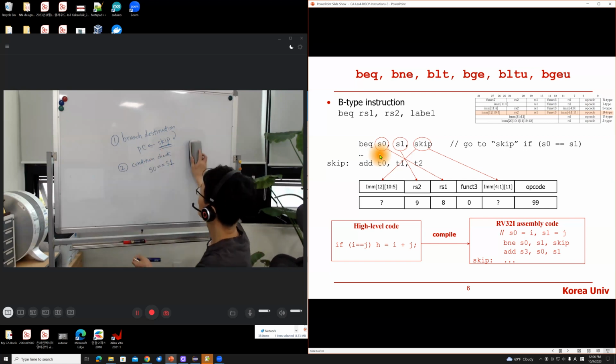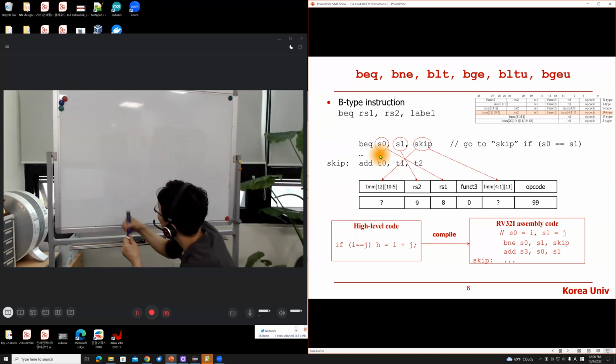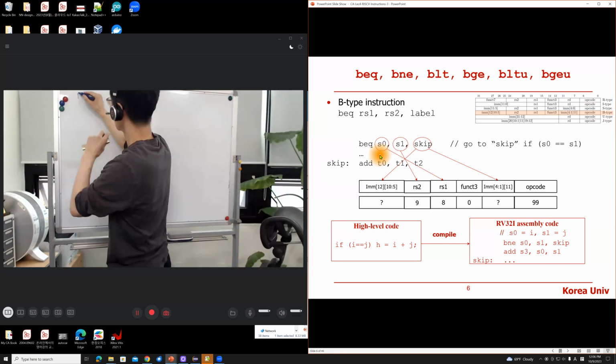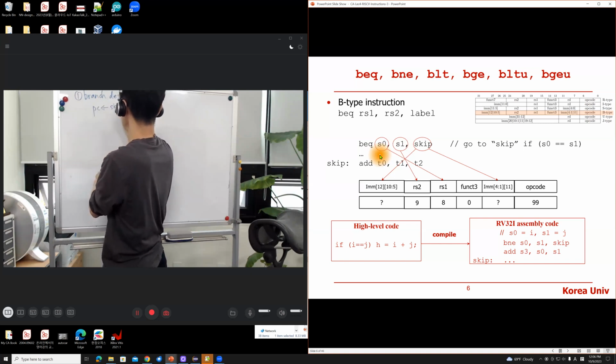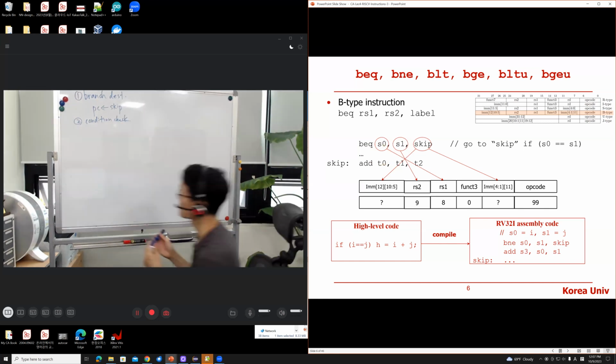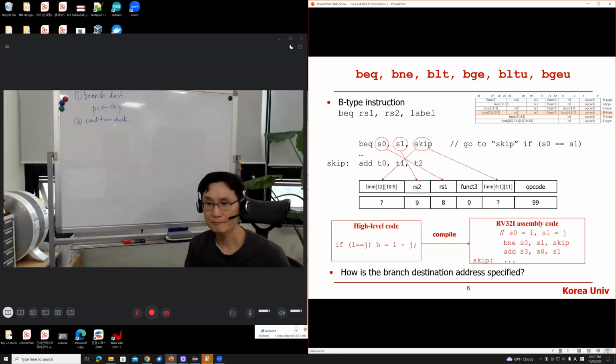Okay, let me write it down here. Branch destination computation. The program counter should be set to skip, and second, condition check. So two things should be done by hardware. First, branch destination.